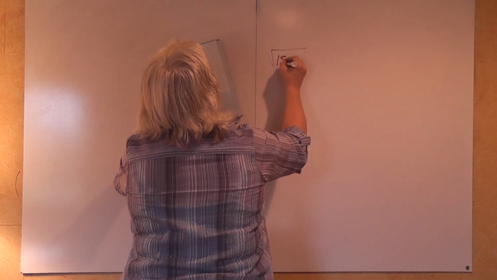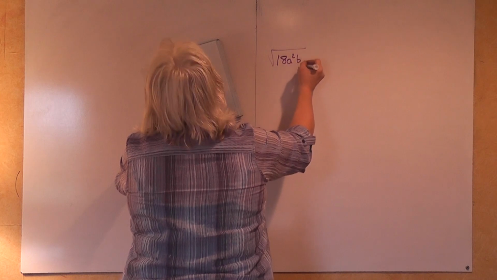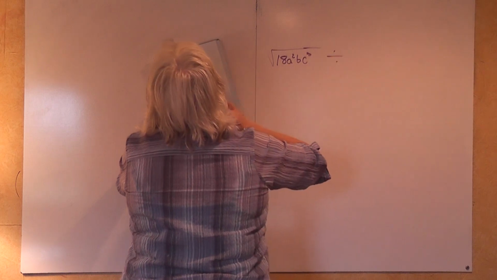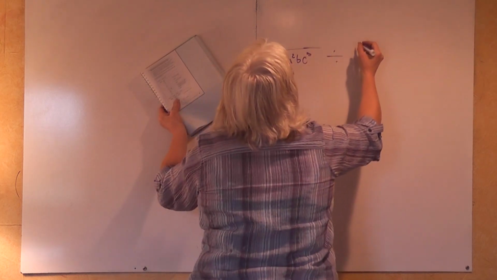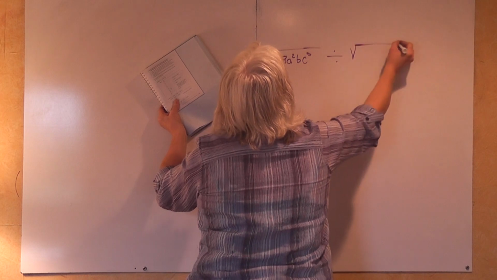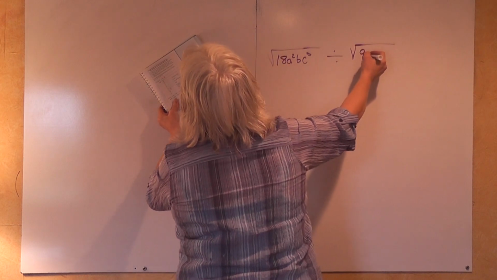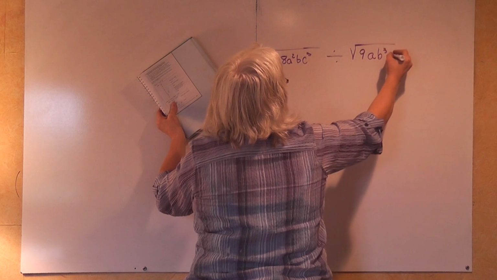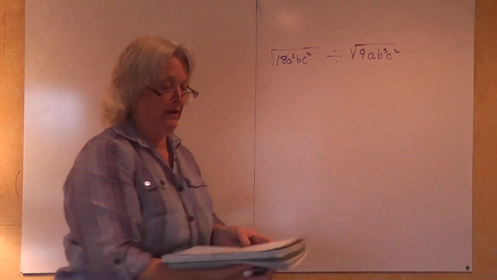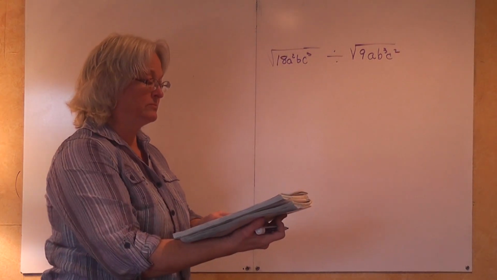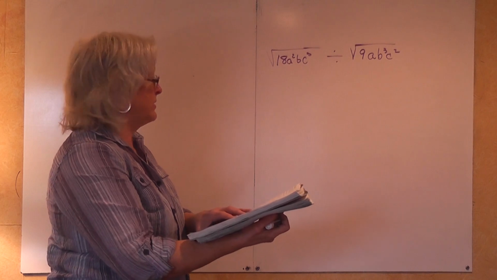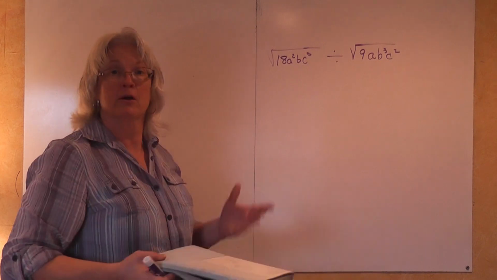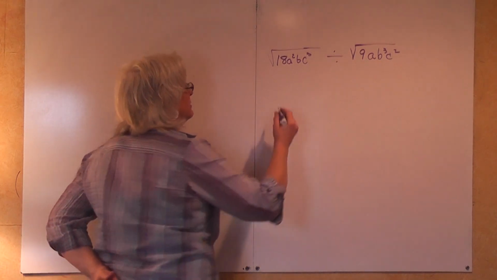The square root of 18 a squared b c cubed divided by the square root of 9 a b cubed c squared. First thing we want to do, let's write this division this way.